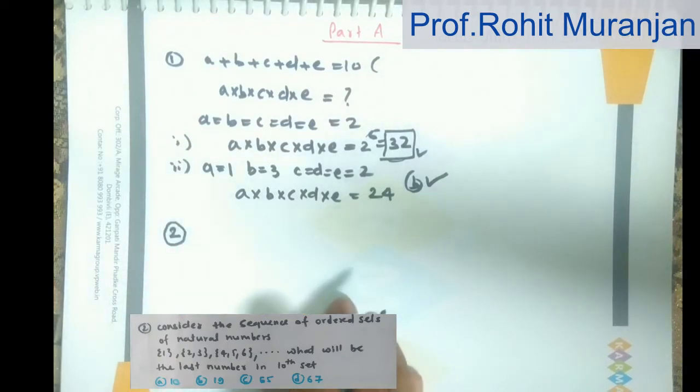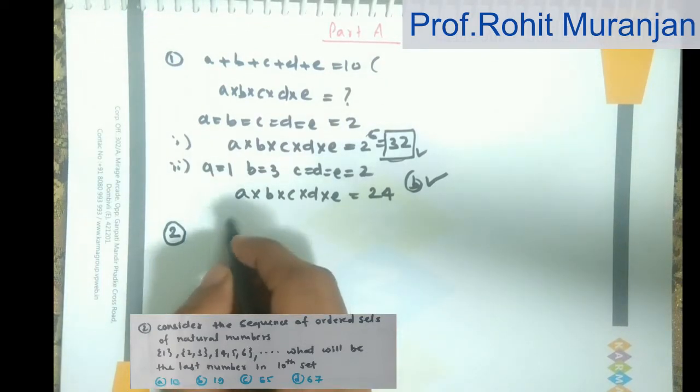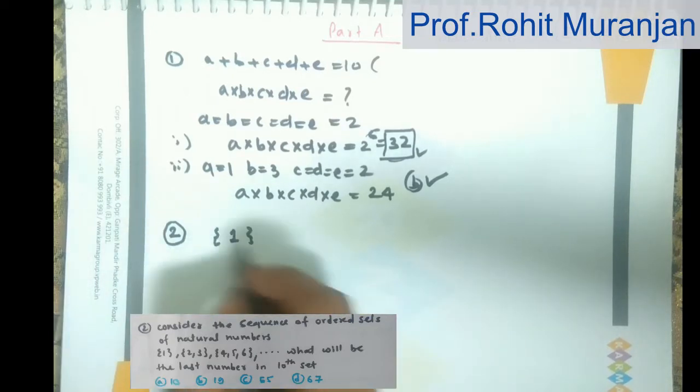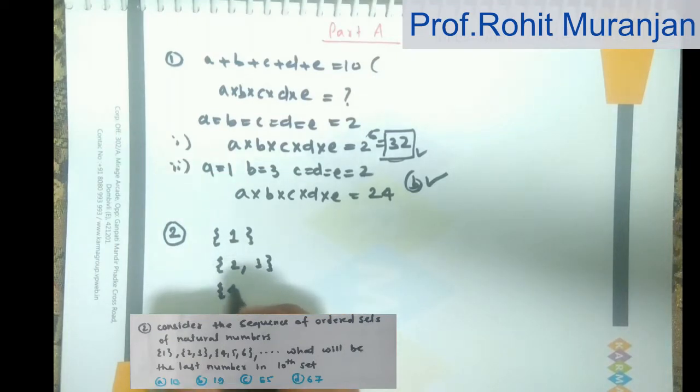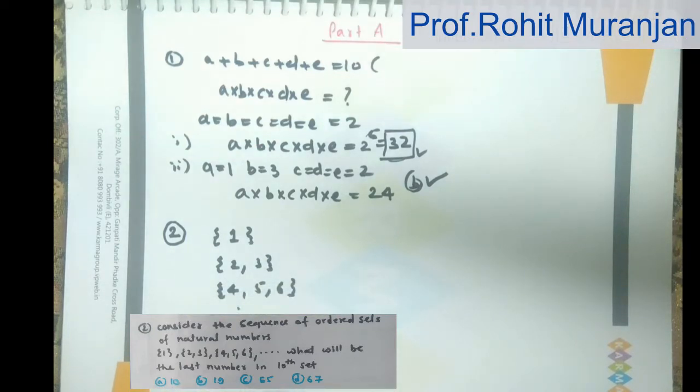Now let's look at the second problem. They have given a sequence of ordered sets. The sets are 2, 3, then the next set is 4, 5 and 6, and they are asking about the 10th set.